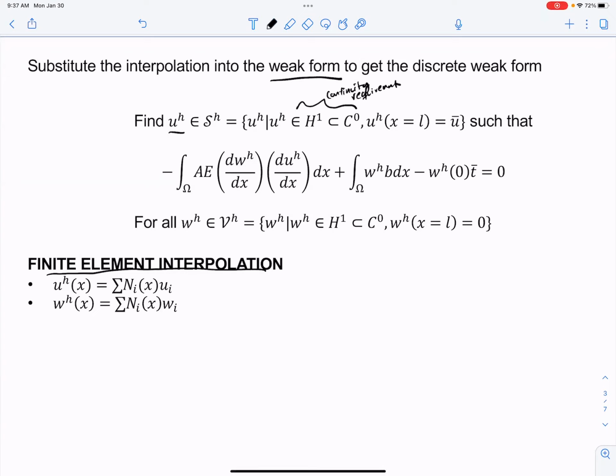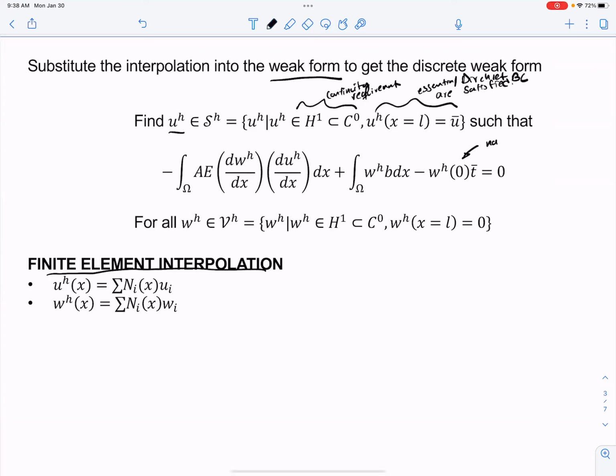Such that the essential boundary conditions are satisfied. So these are essential, or also called Dirichlet boundary conditions. And such that that integral equation, which involves the gradient of u, the gradient of w, and then w multiplying b, plus, and these are the natural boundary conditions.